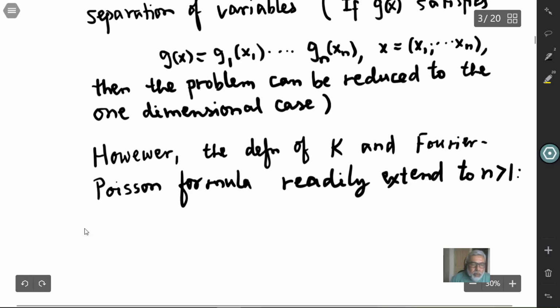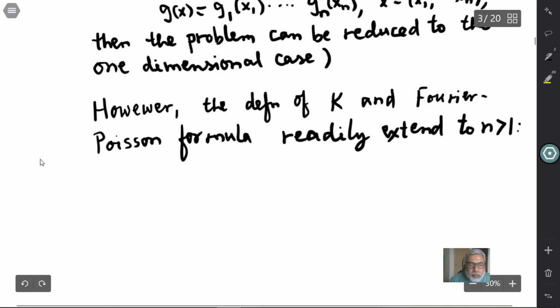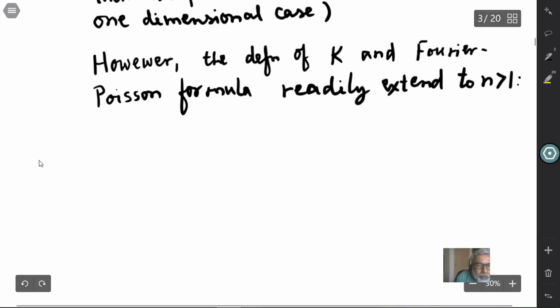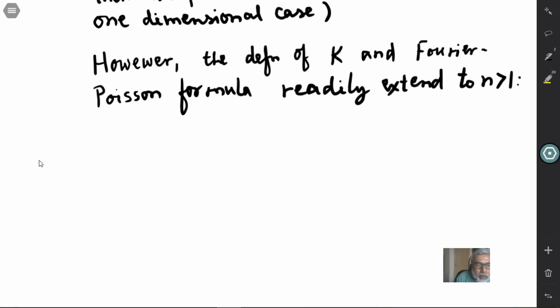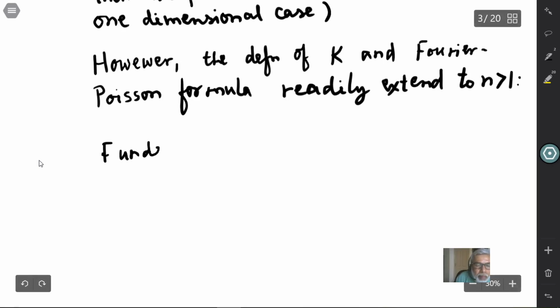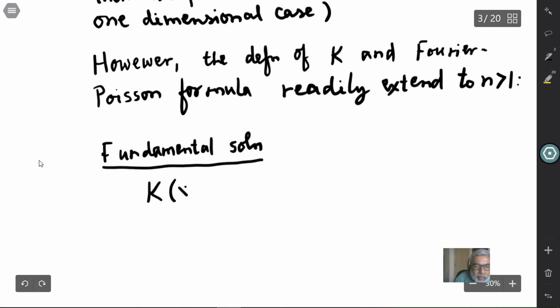Okay. So now we'll define them. So, fundamental solution. Now k is a function of x and t, and x varies in Rn.